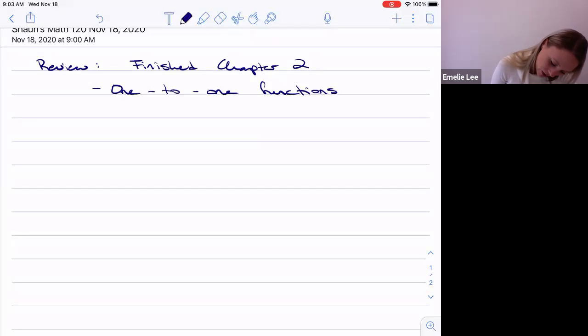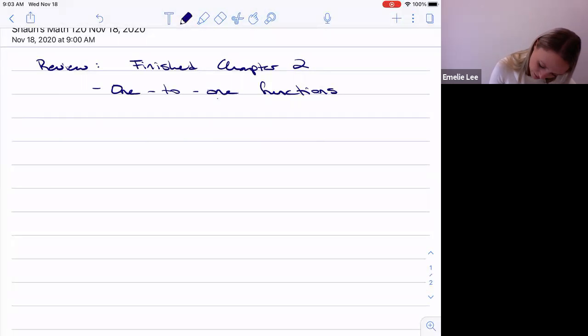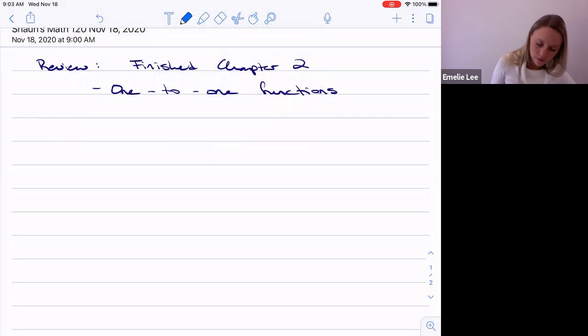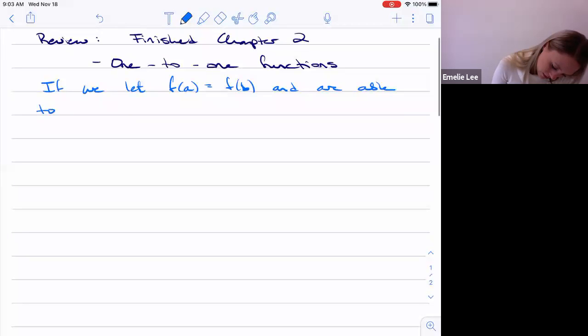right? If we can show, so a function is one-to-one, oopsies, why does it keep doing that? I'm too fast. So if we can show, if we let f of a equal f of b and are able to show that a equals b, right?